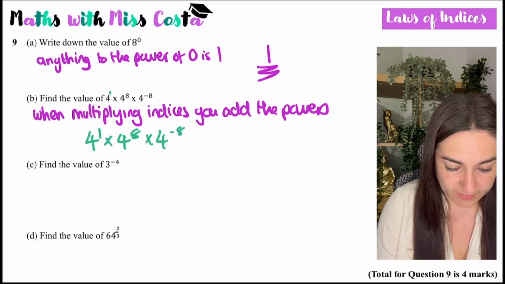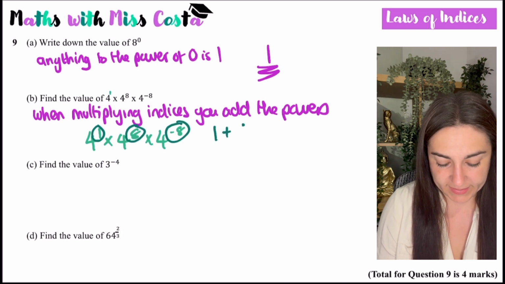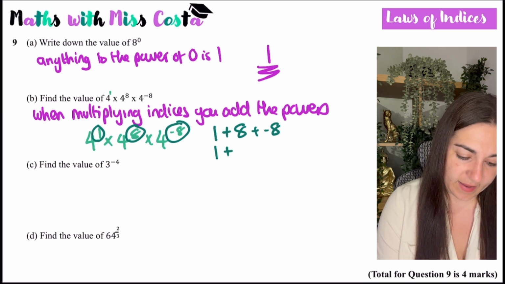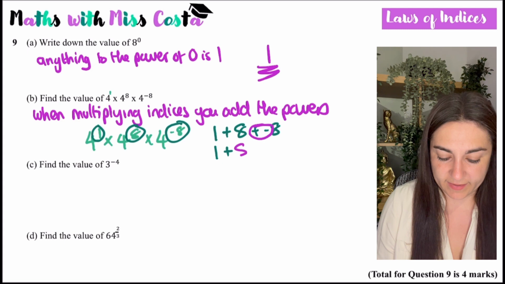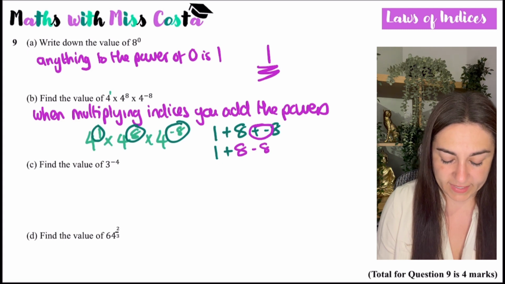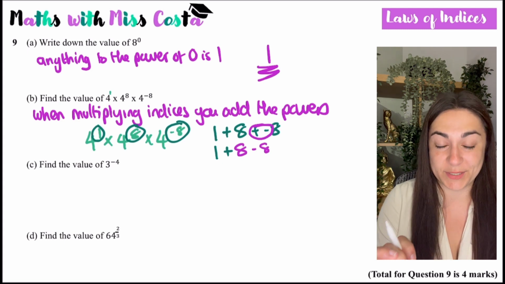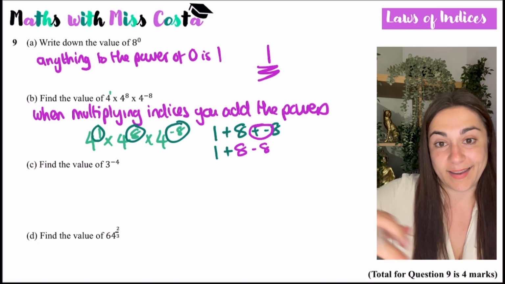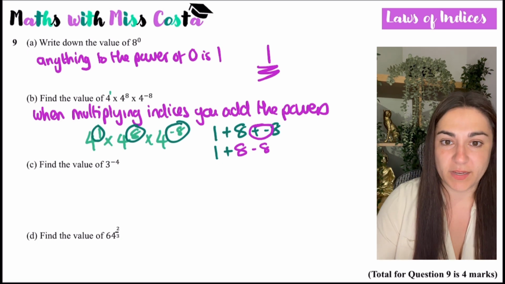So what I'd do is I'd do 1 plus 8 plus minus 8. So 1 plus 8 plus minus 8 becomes 1 plus 8 minus 8. When a negative and a positive are next to each other, in between the two numbers, they rewrite as a negative, because adding a negative is the same as subtracting.